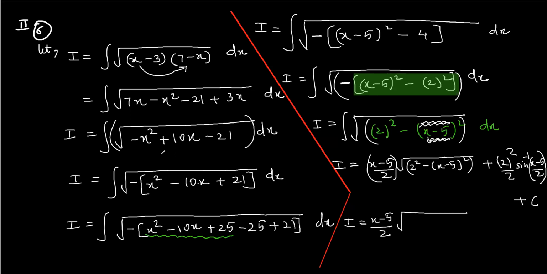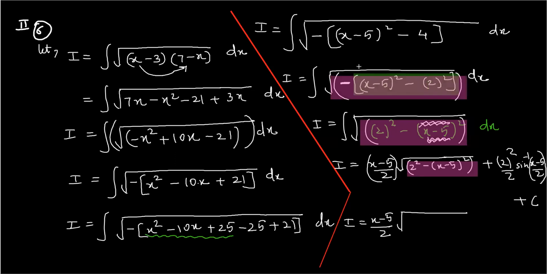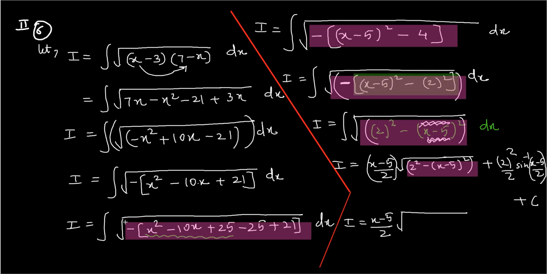So finally it is x minus 5 upon 2. Remember, what you see here inside the square root is nothing but this whole thing. These are all the same things.